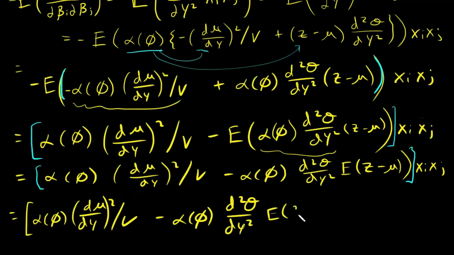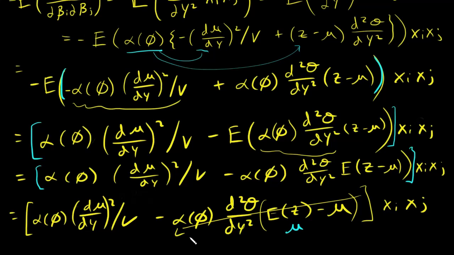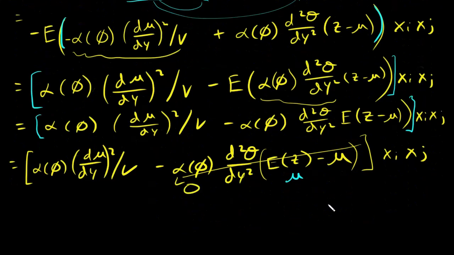expected value, I can take of each piece. The expected value of mu, again, mu is just a constant, so that would just be mu. Okay. All right, expected value of z, by definition, that is mu. Okay, that is what mu is. So I have mu minus mu, which is just 0, right? So because this is being multiplied by 0, basically everything here is going to go to 0. All right.